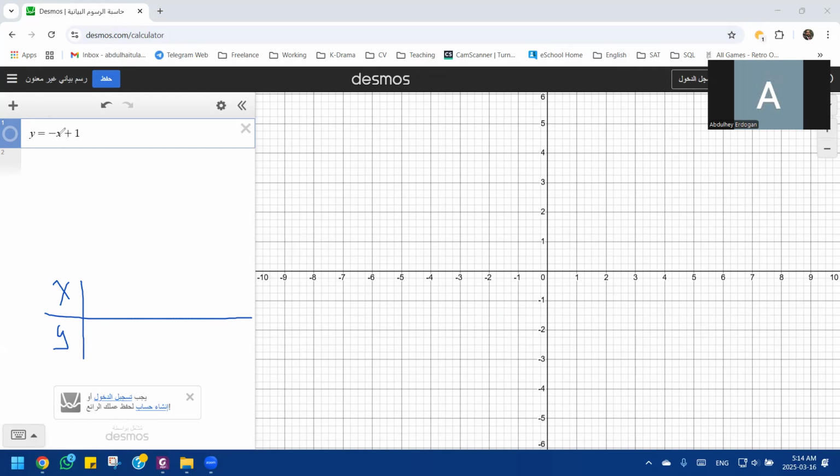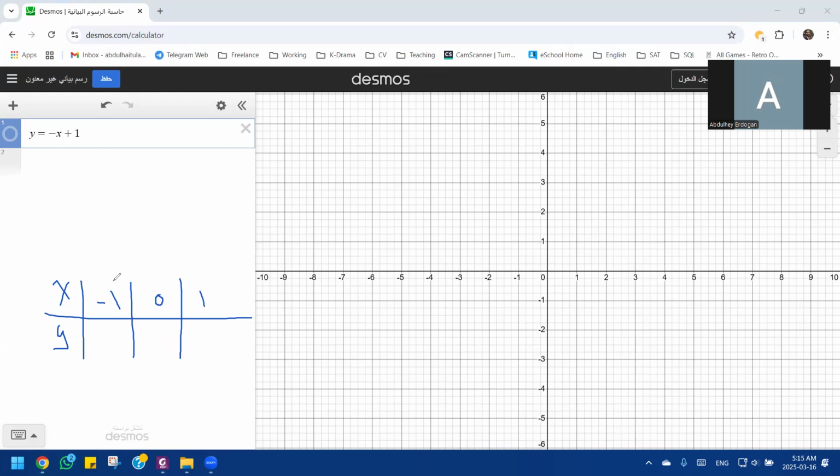Now, any 3 values I can choose for x. Since x is negative, I prefer to take a negative value also, so I will make it positive. Let me take minus 1, and let me take x as 0, and let me take x as 1. So don't make the values very big, okay? Keep it something simple.